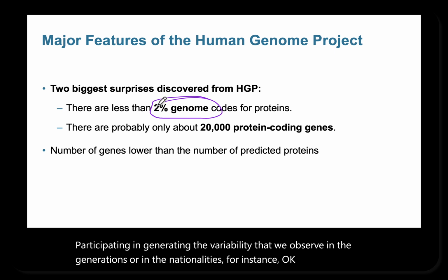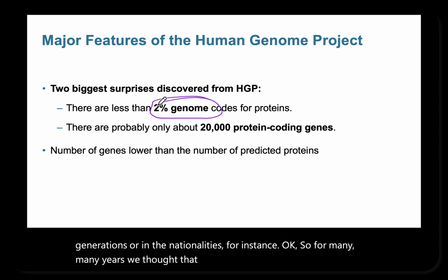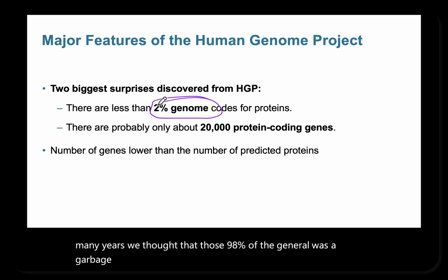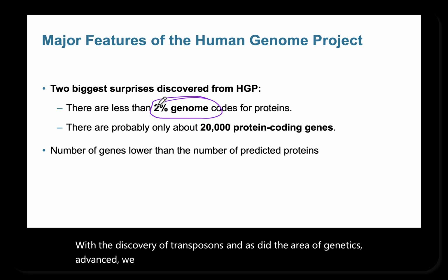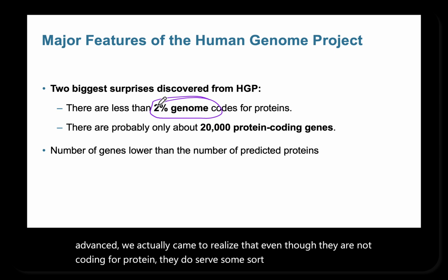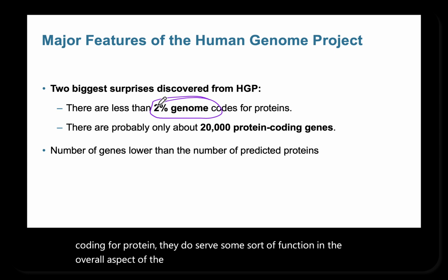Okay, so for many, many years, we thought that those 98% of the genome was a garbage DNA or a trash DNA, but actually, with the discovery of transposons, and as the area of genetics advanced, we actually came to realize that even though they are not coding for protein, they do serve some sort of function in the overall aspect of the human population, okay?